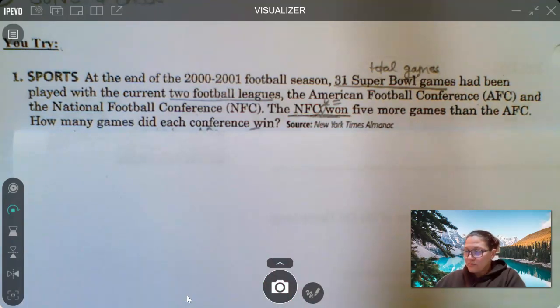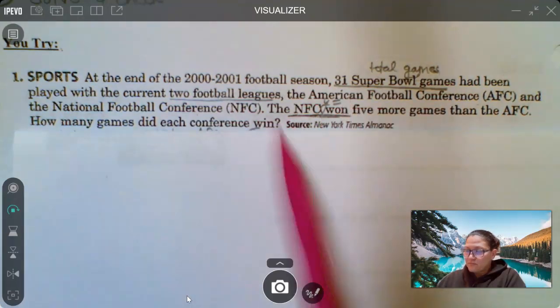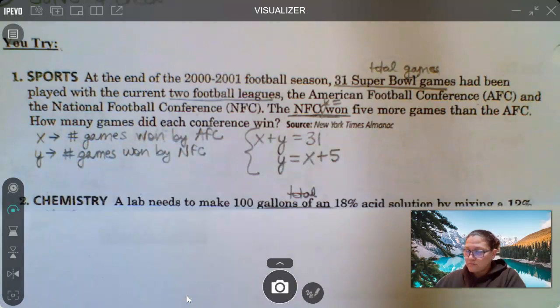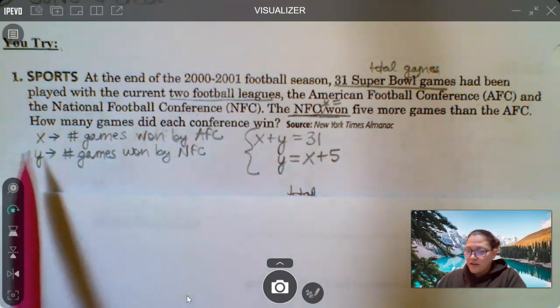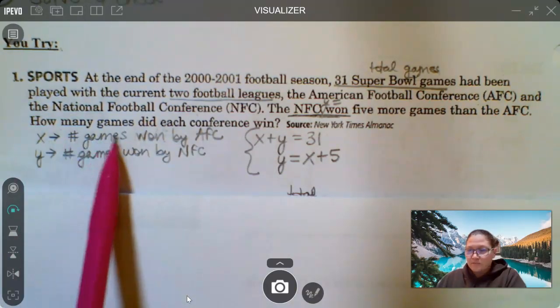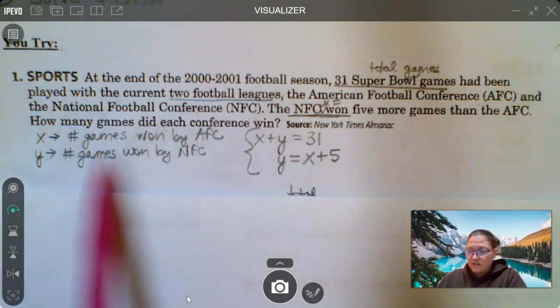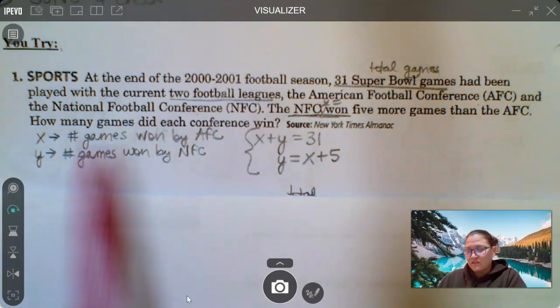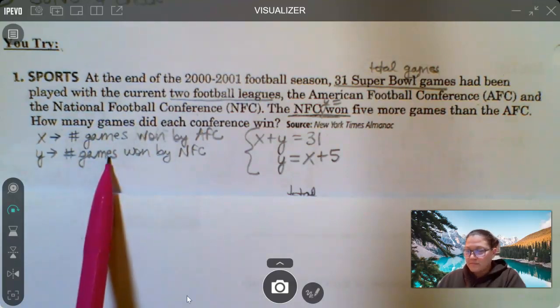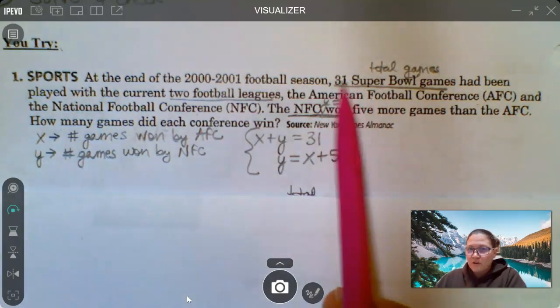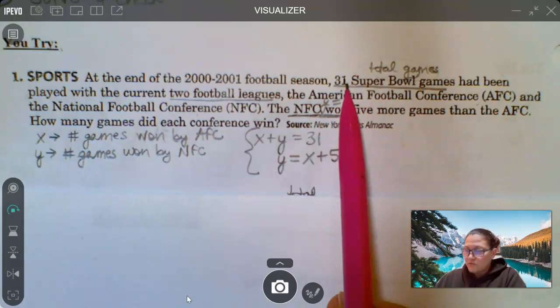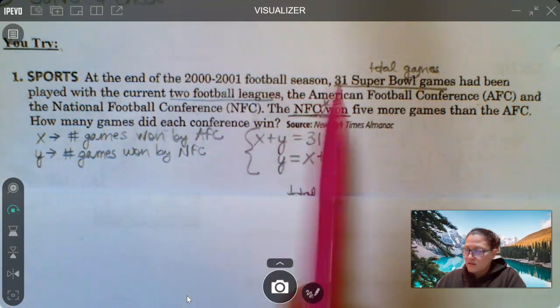So let's start with my variables. I decided that the 2 football teams are my variables. So I have X representing the number of games won by the AFC and Y representing the number of games won by the NFC. And these are Super Bowl games. And then back up here where I marked the total number of games, there's been 31 Super Bowls in this year.